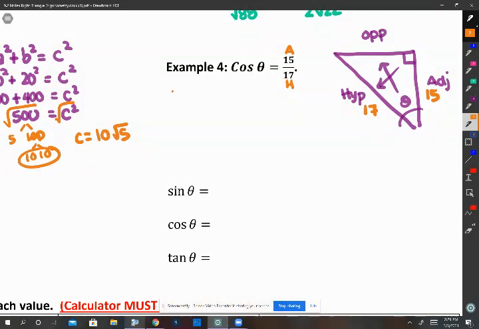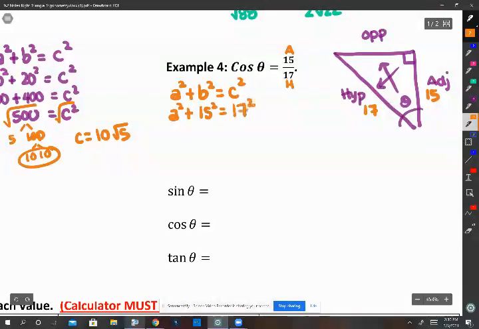And so I'm going to have a squared plus b squared equals c squared. In this case, we're missing a or b, it doesn't really matter. So a squared plus 15 squared is equal to 17 squared. And then we're going to solve. So we're going to subtract 15 squared from each side.